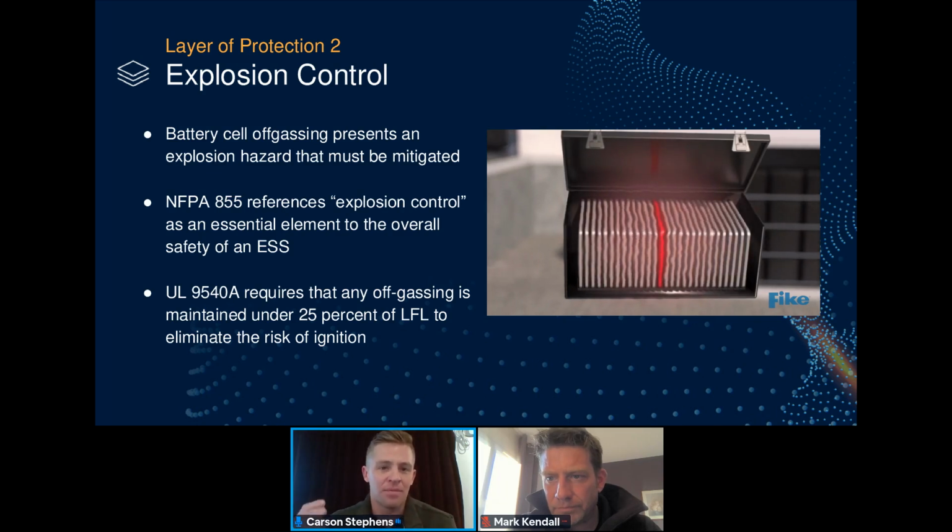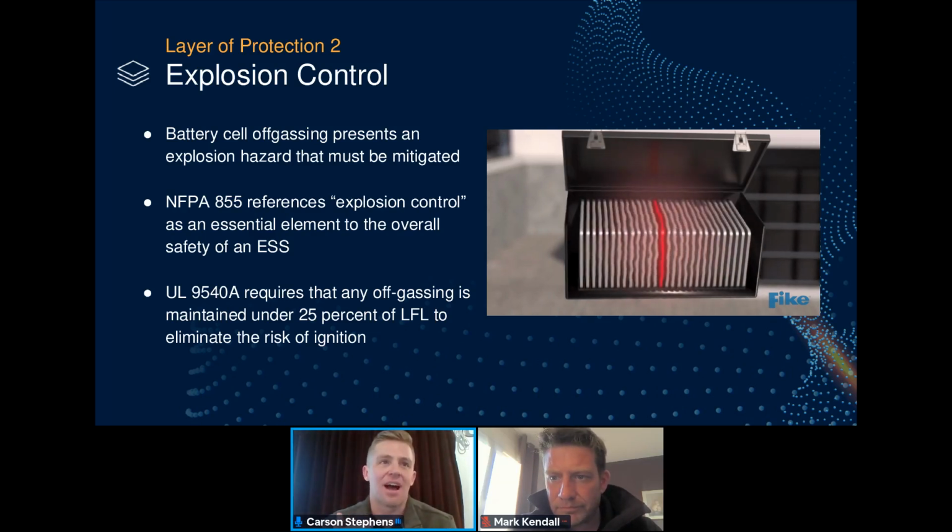So 855, as I mentioned, talks about it being explosion control, but UL 9540A has guidance that says that you have to maintain that off-gassing event at 25% of the lower flammability limit. That's a very low factor, especially if we're talking about hydrogen or that hydrogen gaseous mixture.